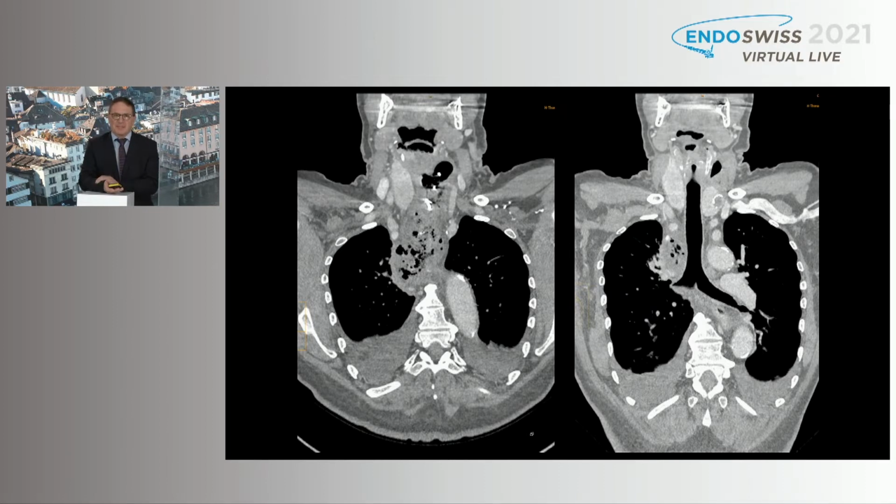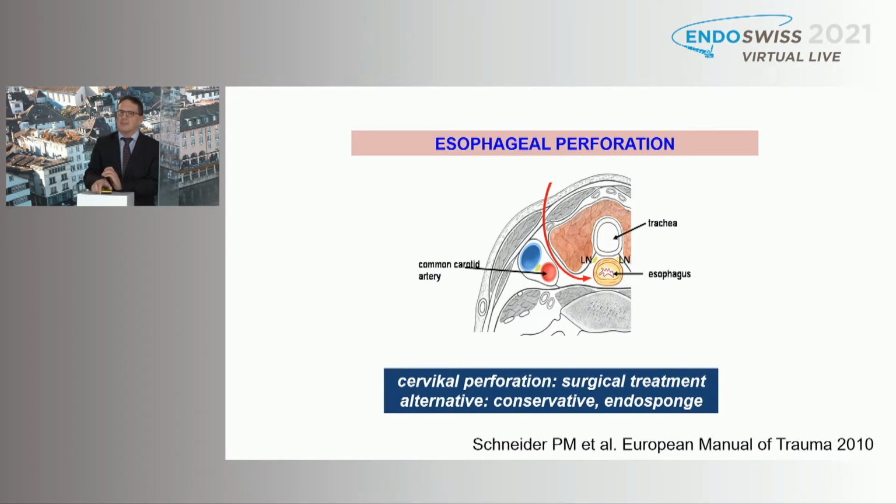So from a surgeon point of view, just a general comment on esophageal perforation. If you have a cervical perforation, for whatever reason, you have to call a surgeon, because the cervical area is a very simple area. We have a very easy access through the left side, and of course you have alternatives in any kind of cervical perforation.